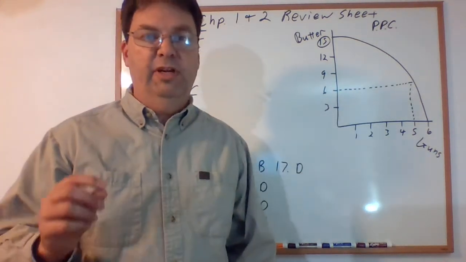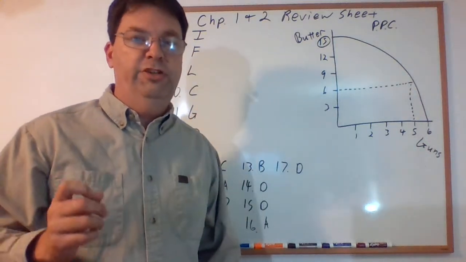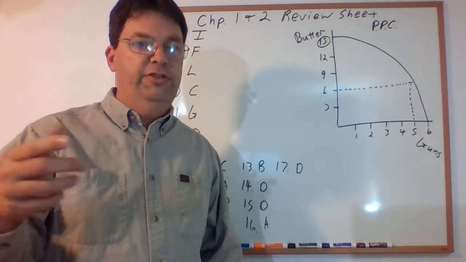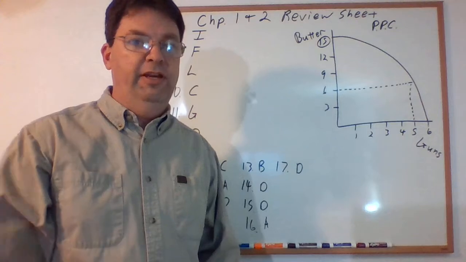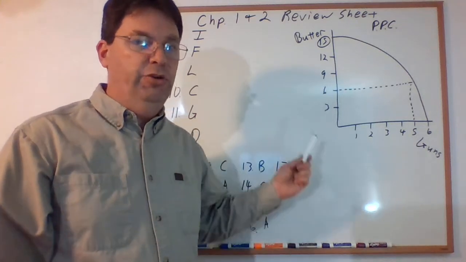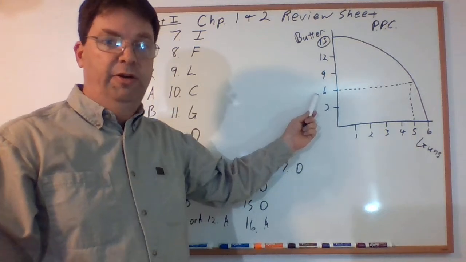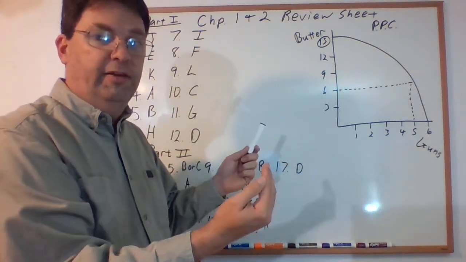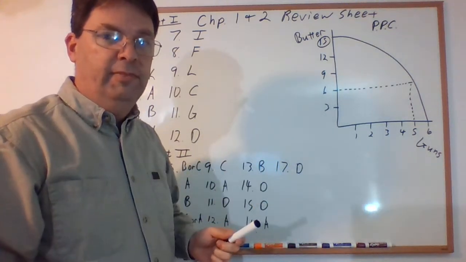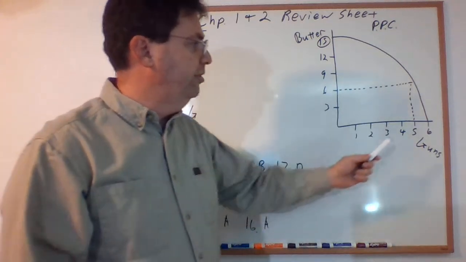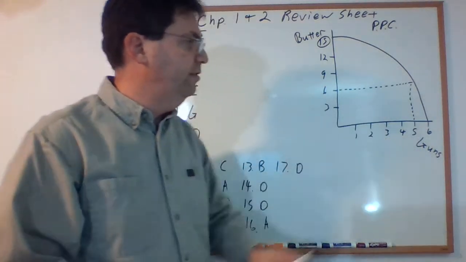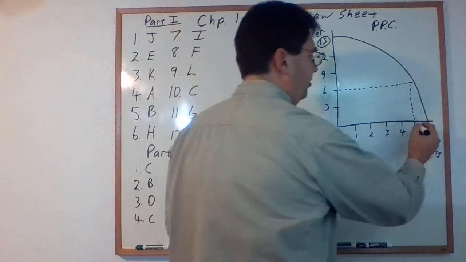And you have to remember, opportunity cost is what did you give up in order to get the thing you want. So remember, our choice was to choose to produce 6,000 tons of butter, which means we're losing something when it comes towards guns. So you should be thinking the opportunity cost is 1,000 guns.